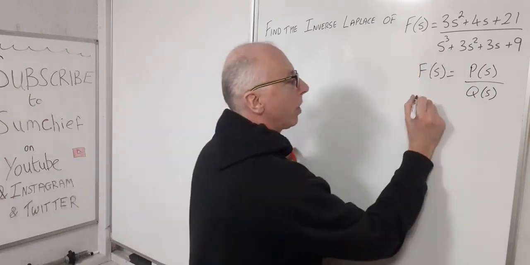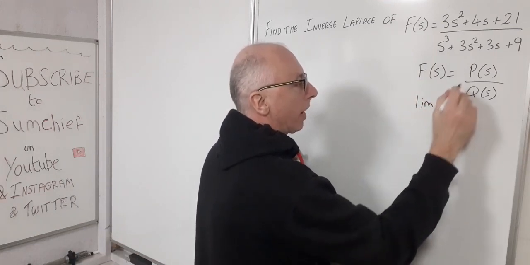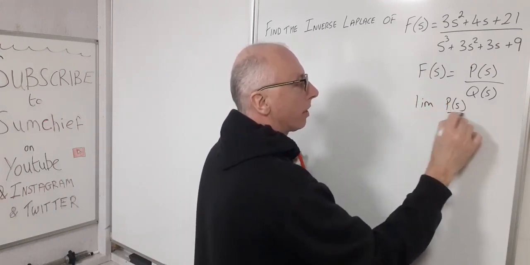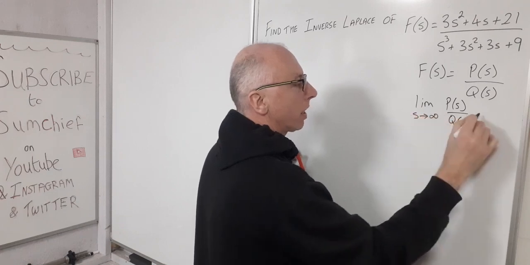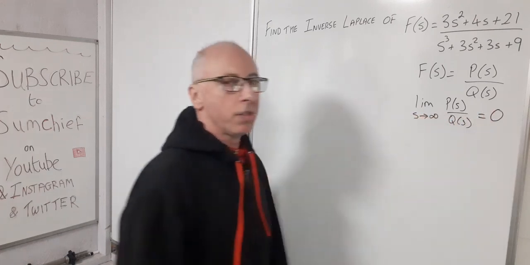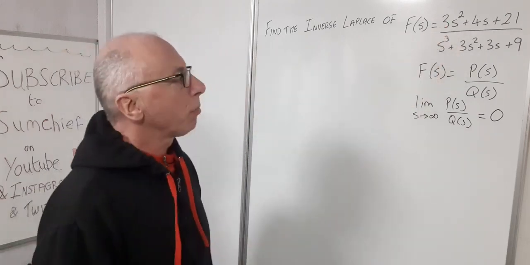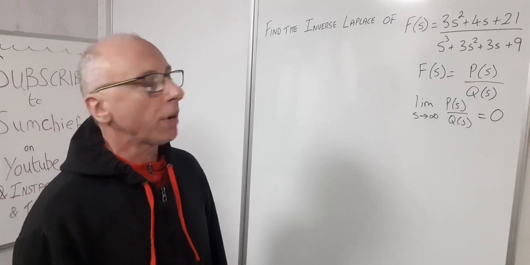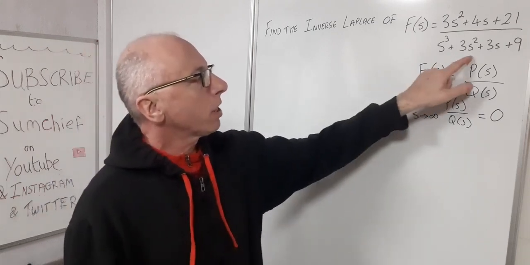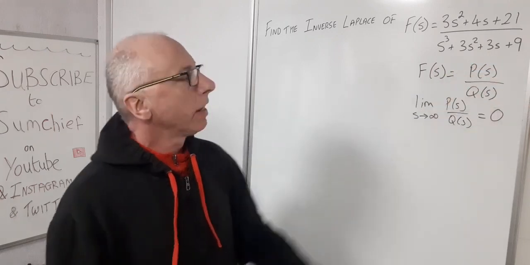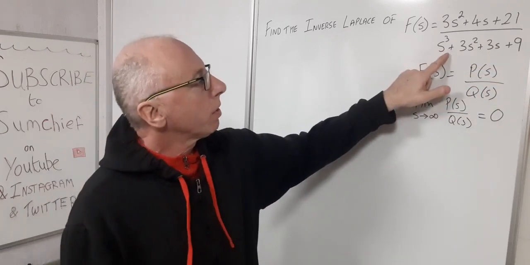So therefore the limit of P(s) divided by Q(s) as s approaches infinity equals 0. So what we're looking for is to try and break this down into some sort of fractions. Now s³ + 3s² + 3s + 9, that's a cubic equation that looks like we could perhaps do something with.